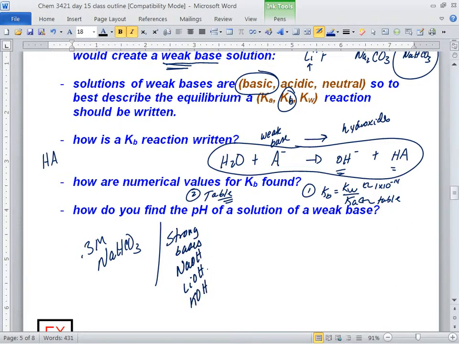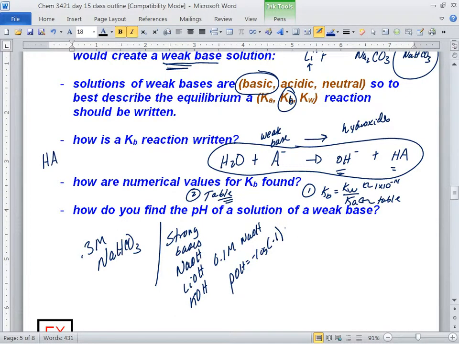And then there were some exceptions to the solubility rules for hydroxides: calcium, strontium, barium. So those are also strong bases. But the idea here is, if you have, here's where it's easy, Kimberly, the 0.1 molar NaOH, well, we can't get pH directly, but we can get pOH. pOH would be the negative log of 0.1.